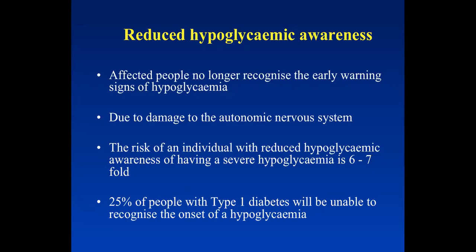So they go into severe hypoglycemia, and they are at higher risk of developing severe hypoglycemia than other people. According to research, it is found that 25% of people with type 1 diabetes will be unable to recognize the onset of hypoglycemia.